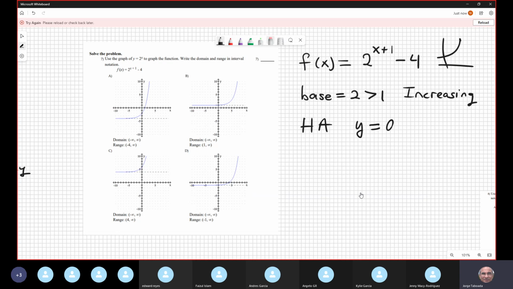So when the exponential is going to negative infinity, the horizontal asymptote is negative 4. And negative 4, let me see, is this? This no, because it's positive 4. This is positive 1, and this is negative 1.